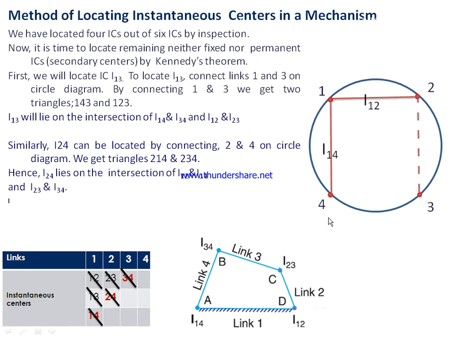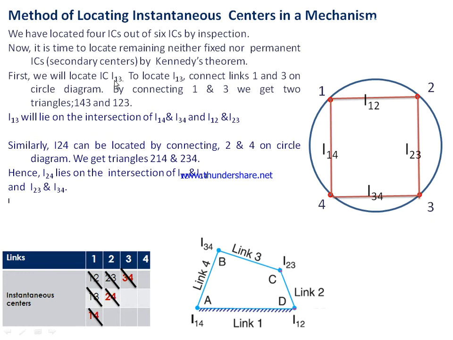This is the way of representing the permanent and the fixed instantaneous centers. I12 and I14 are the fixed instantaneous centers, and I23 and I34 are the permanent instantaneous centers. Now we have to locate the instantaneous center I13.